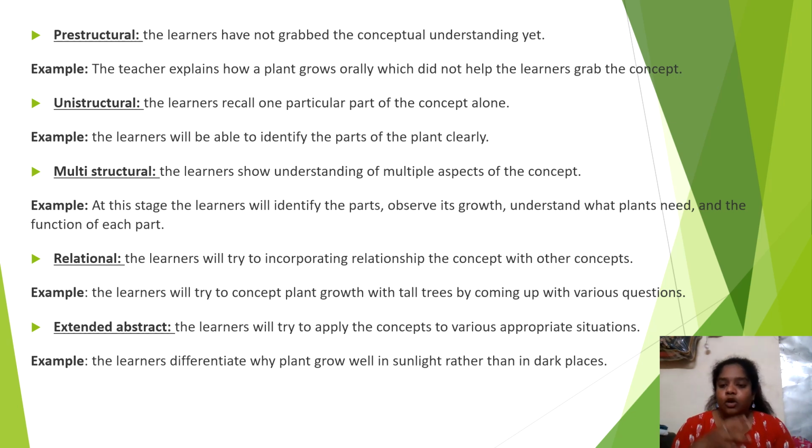Unistructural, where they can recall one particular part of the concept. Multistructural, where they show a good understanding of multiple aspects of the concept. Relational, where the learners will be able to understand the relationship between the concept and other concepts. And extended abstract, where the learners will try to apply the concepts to various appropriate situations.